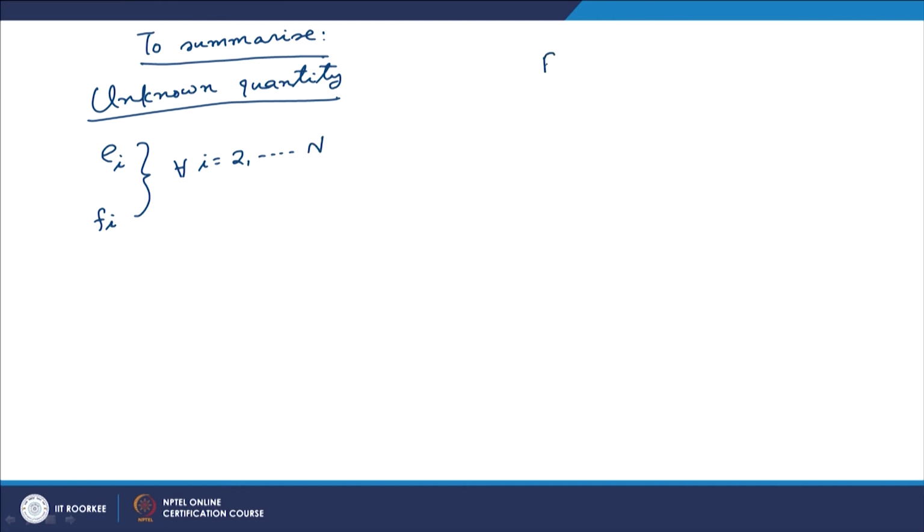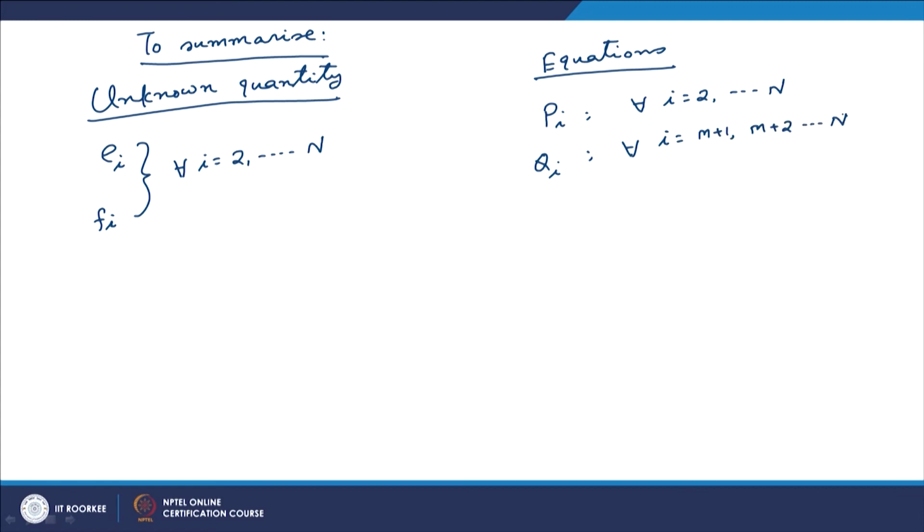and my equations are Pi for all i equal to 2 to n, Qi for all i equal to m plus 1, m plus 2, to n, and the Vi square equation, for all i equal to 2 to m.